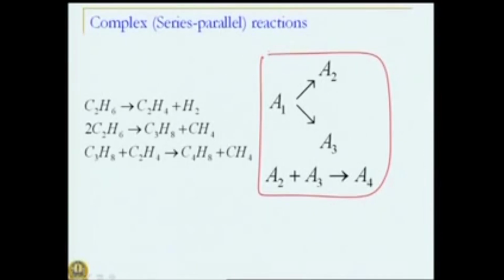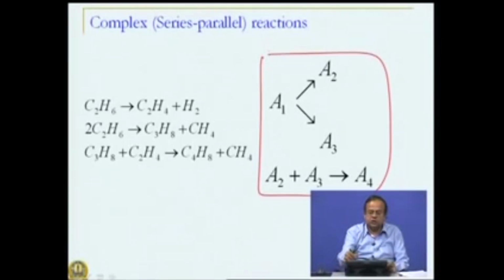And you can imagine now you add more species A4, A5, A6 to this, what are all the possibilities that can happen among interactions between these 6 species. So, we are slowly building complex reaction networks.